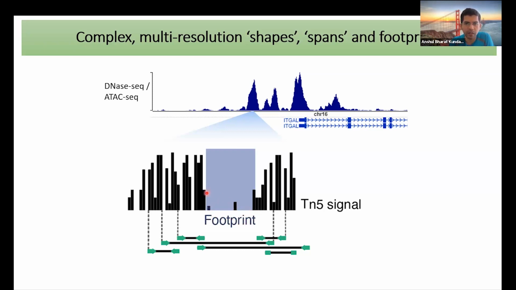For example, proteins that bind DNA will protect the DNA from enzymatic digestion, and so they will create what are often called footprints. So you'll see a lack of coverage right where the protein binds. And it's not just that, but right around that footprint where the protein binds, there's a specific architecture of read coverage, and that really quite nicely reflects the protein-DNA interface.